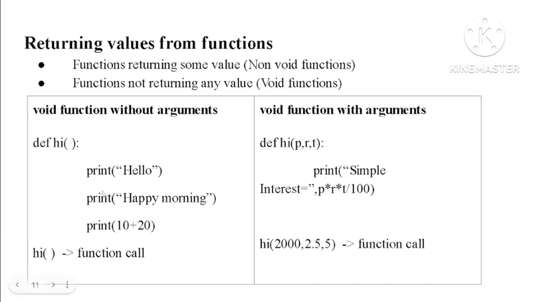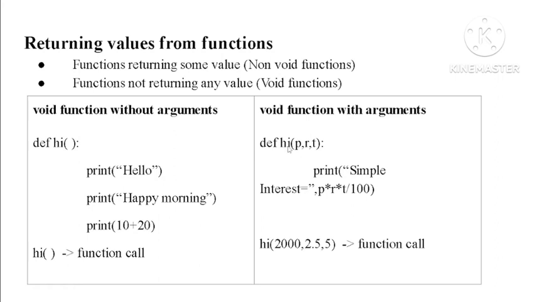So look at this function, def high. High is the name of the function. What do I do here? Just simply printing 2-3 statements and call this function. This function does not have a return statement. So this kind of function is called a void function, or you can call it a non-fruitful function. But in this case, void function with arguments.